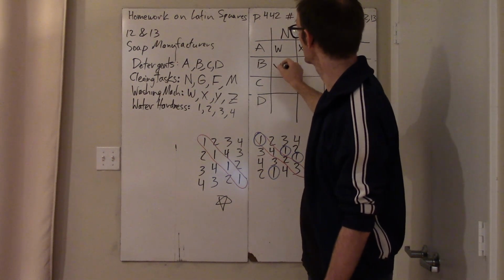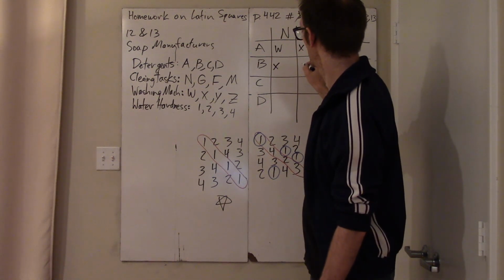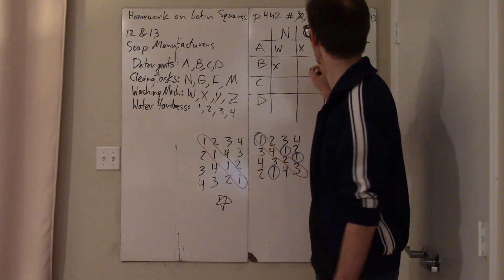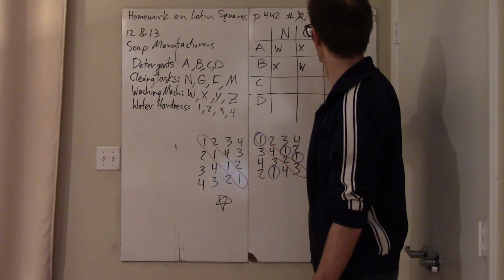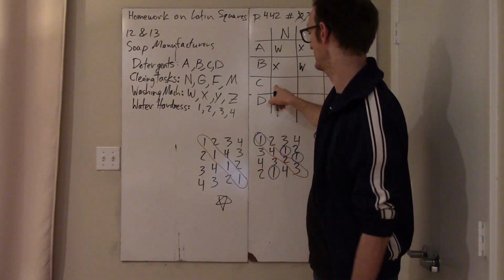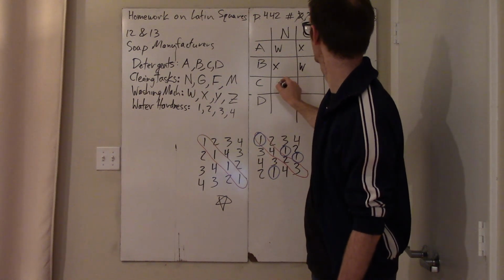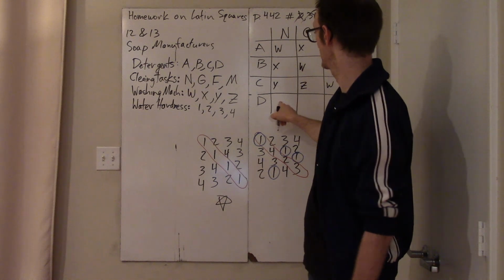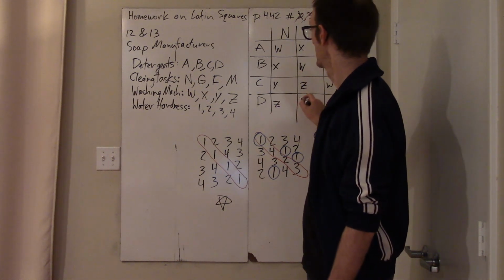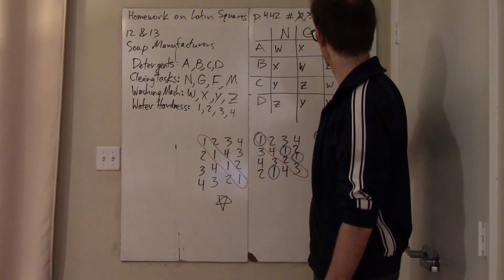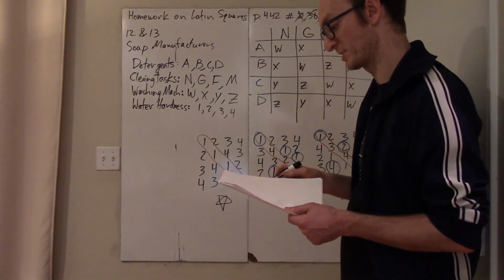Here, this is x, x1 is w, z, y, and here, y, z, w, x, and here, z, y, x, w. This is just simply what I've done.